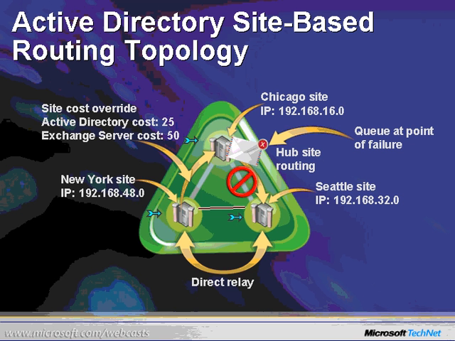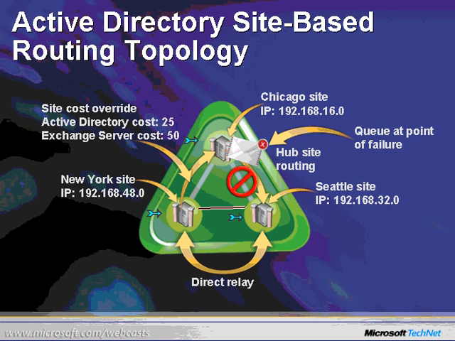Because we no longer have routing group connectors and calculating all that within Exchange, the way points of failure occur is different. We will now queue at the server where it's trying to go out until that path comes back and is available again. So that is different in 2007.